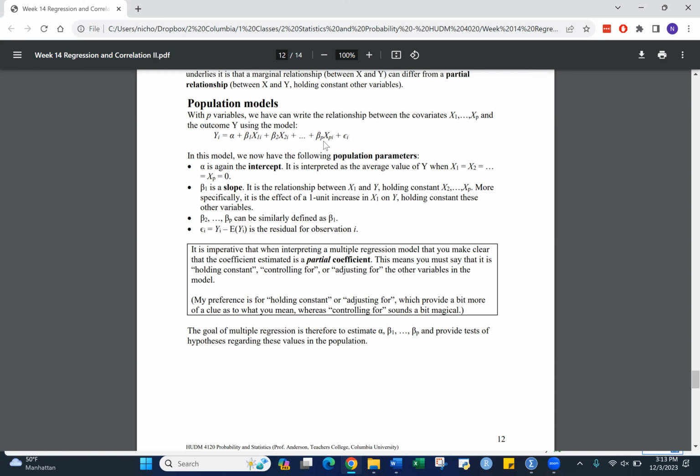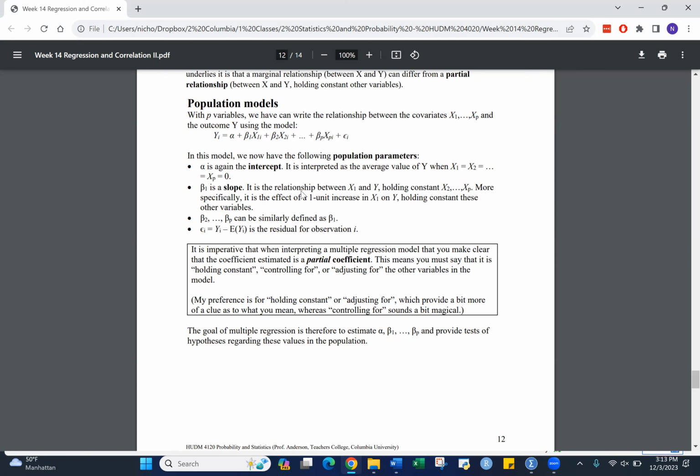There are limitations here based on sample sizes and whatnot, but in theory, you can go as big as you want. And so now, when you've added x2, x3, x4, this beta 1 is the impact of x1 on y controlling for x2, x3, x4. So beta 1 becomes a partial regression slope.